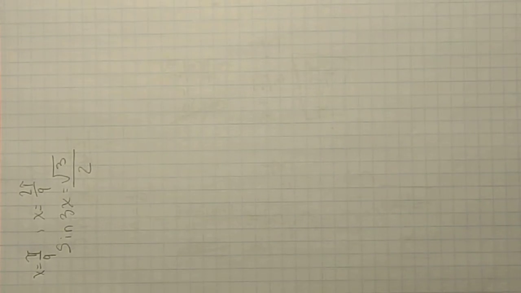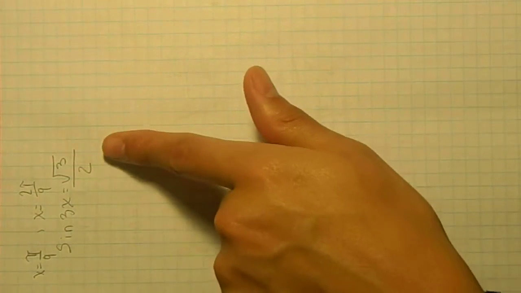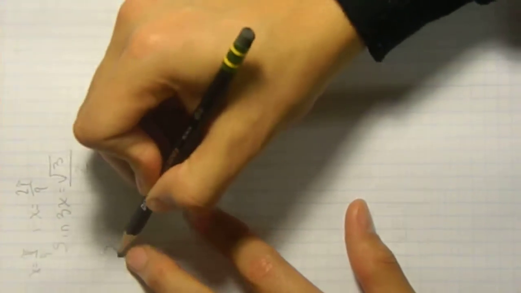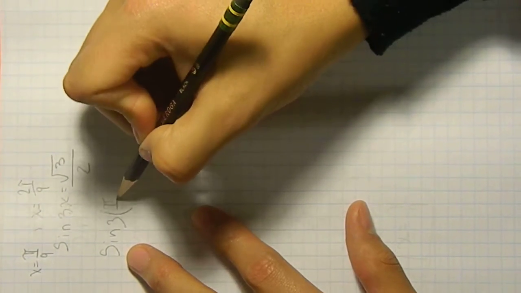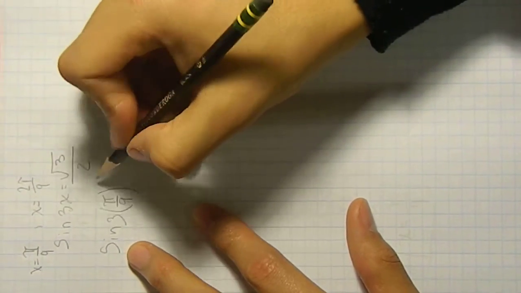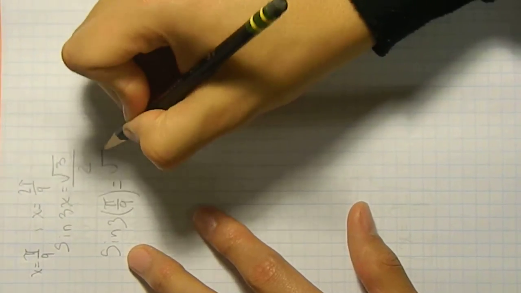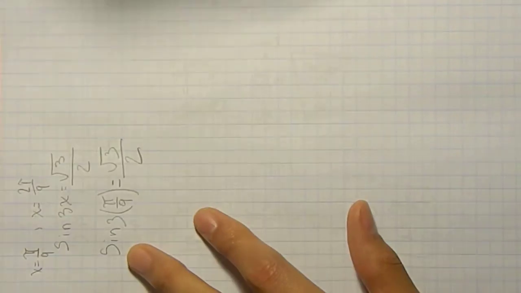If we plug those values into x, we should get square root of 3 divided by 2. So let's try it out. We say sine 3 times pi divided by 9 equal to square root of 3 divided by 2.